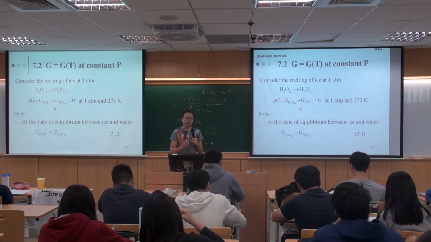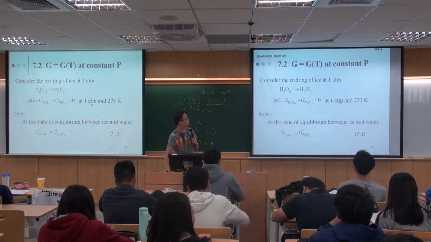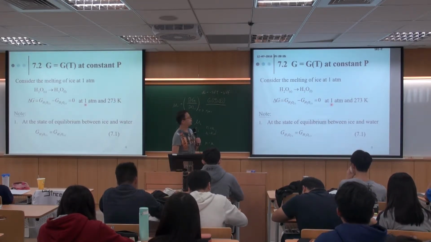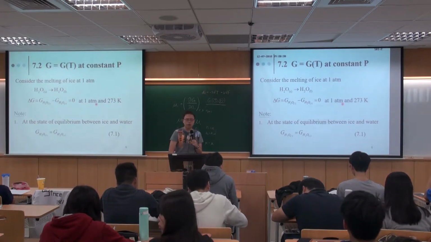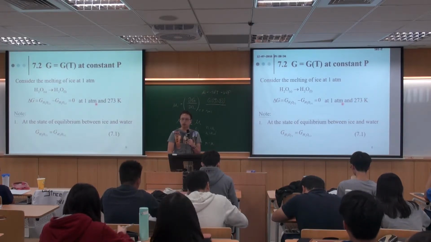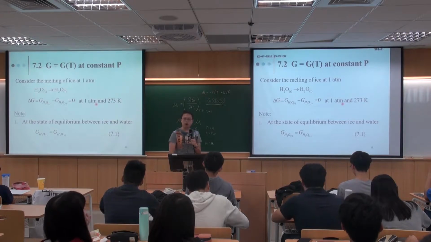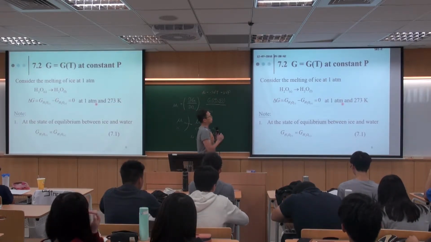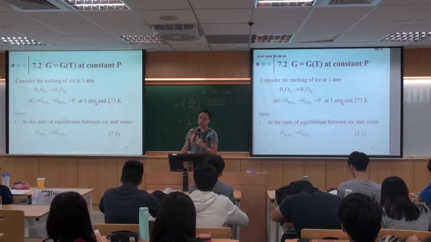And if we're looking at this kind of process at 1 atm, which is the normal atmospheric pressure, and at 273 Kelvin, which means 0 degrees Celsius, then we know that ice and water can coexist. Therefore, the Gibbs free energy, or the delta G for this process, should be 0, right?